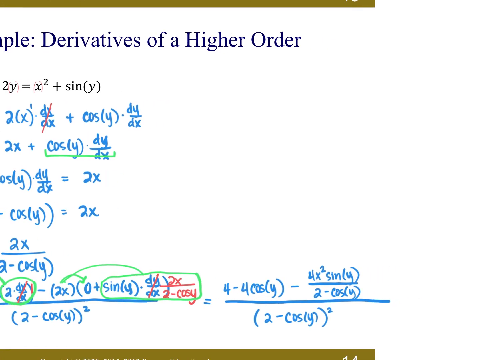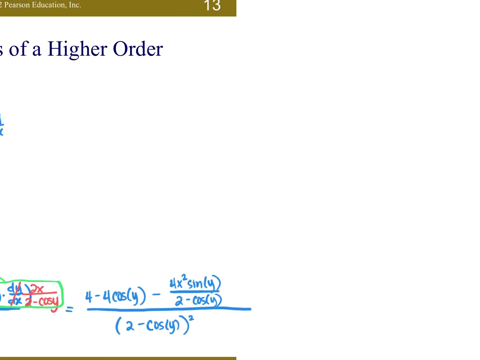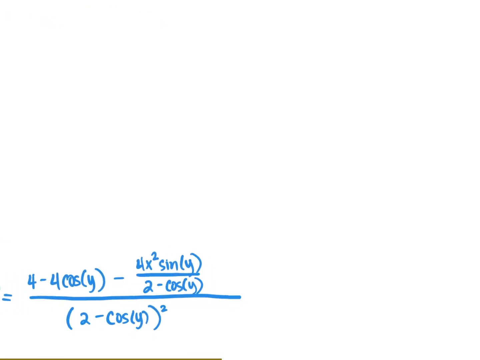All right, then, because we end up again with a fraction as a part of a fraction, we will want to multiply to help this clean up and be more simplified. So we want to take this and multiply by 2 minus cosine y as an expression. And we want to multiply this by 2 times 2 minus cosine y. And we need to multiply this by 2 minus cosine y. So this just becomes an exercise in algebra.